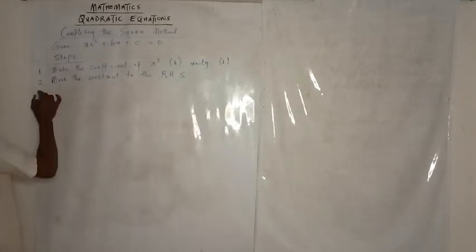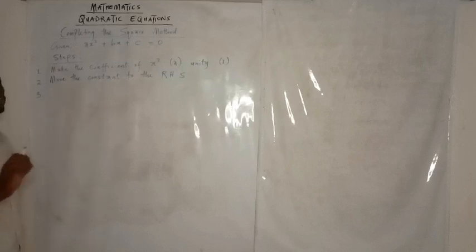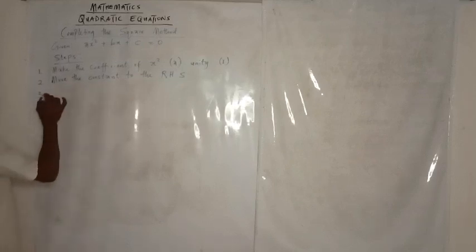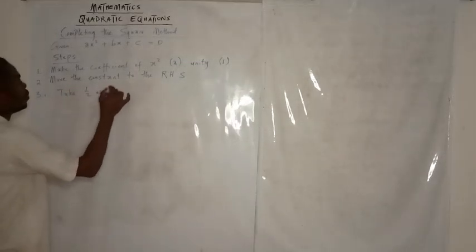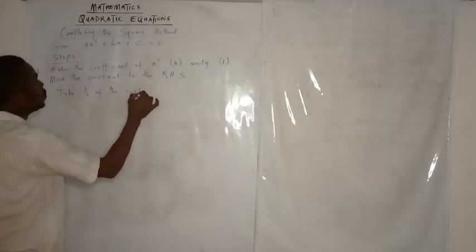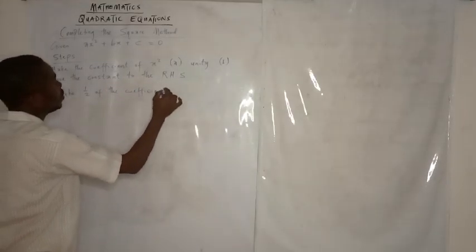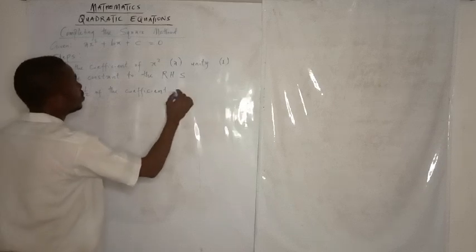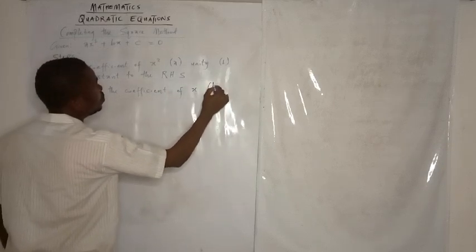Then after doing that, the third step has 3 sub steps. The first part of that third step is to take half of the coefficient of x, that is b over 2.